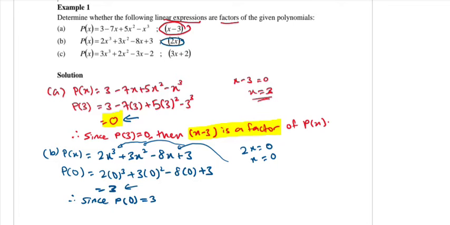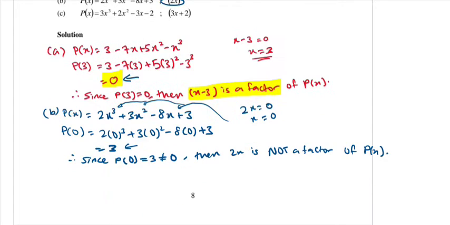So we should write something like, since P(0) equal to 3 is not equal to 0, then 2x is not a factor of the polynomial P(x). Now pause the video and try to solve for C. Check whether 3x plus 2 is a factor or not.